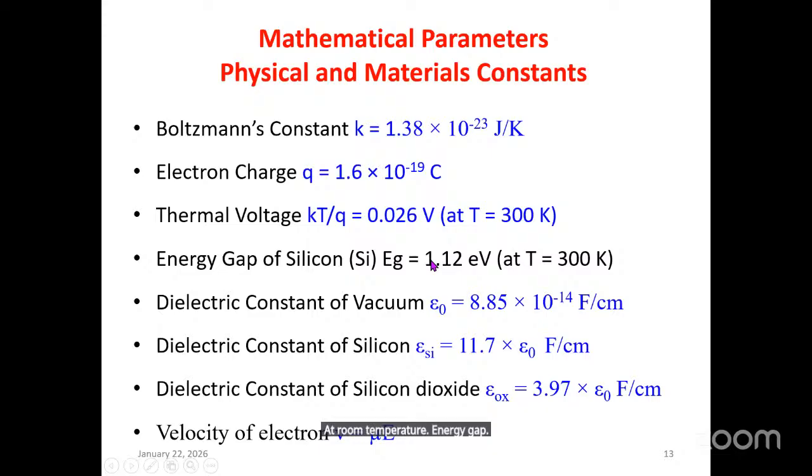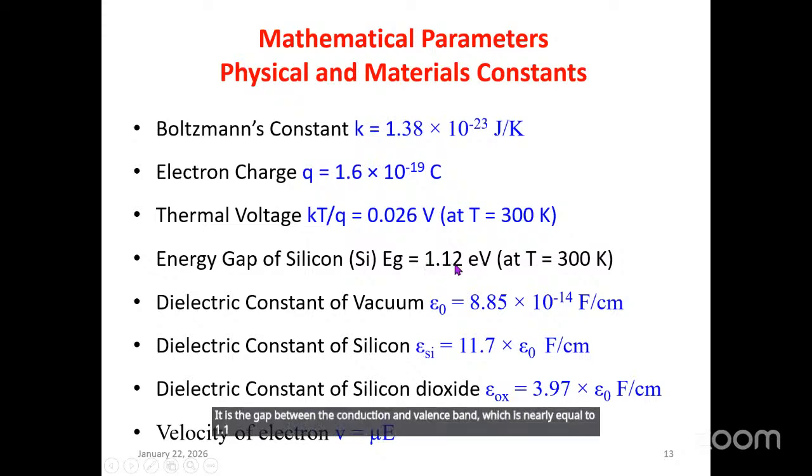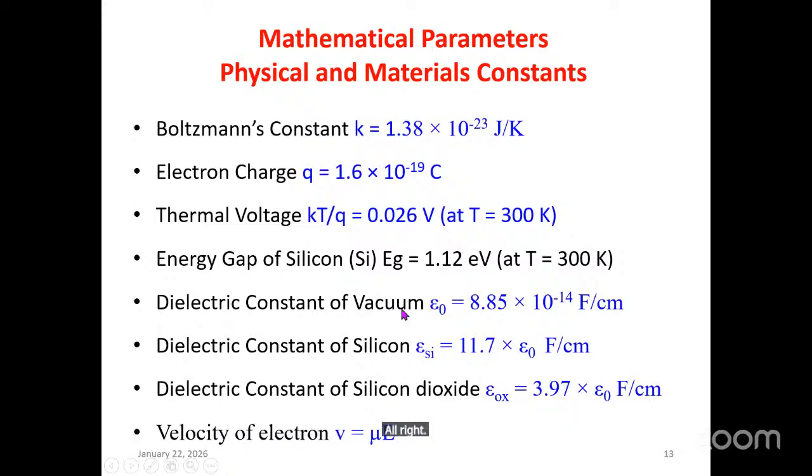In the fundamentals of physics we learn it is the gap between the conduction and valence band, which is nearly 1.1 electron volt in the case of silicon. All right. The dielectric constant for vacuum, the free space permittivity epsilon zero, is 8.8 picofarad per meter, or 10 to the minus 14 farad per centimeter. Keep this in mind.